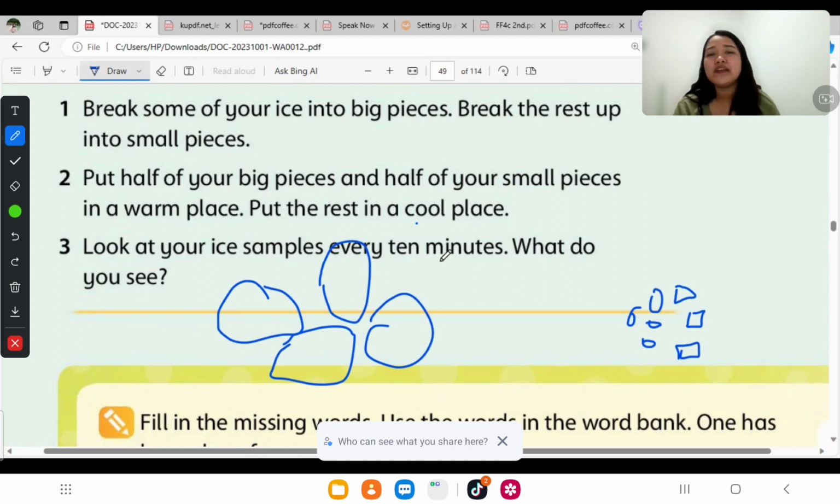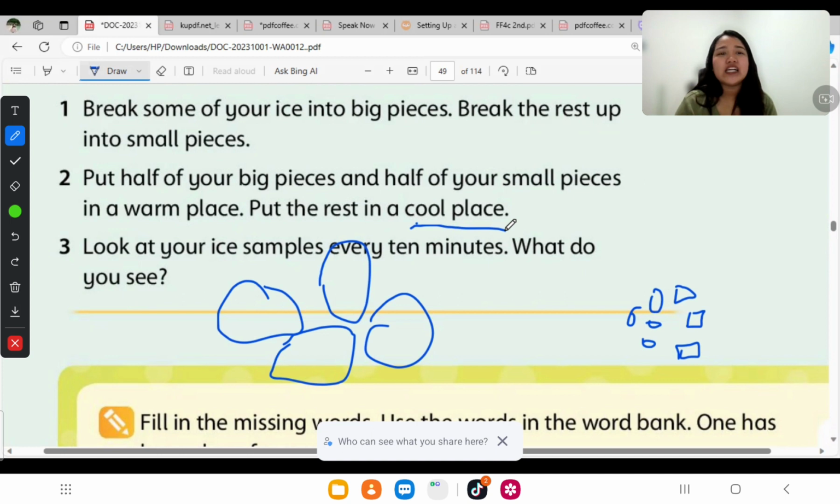Okay, how about here? What happens to the ice when we put it in a cool or cold place? It's still an ice. Very good. If you put it in a cool or cold place, just like a freezer, nothing happens.